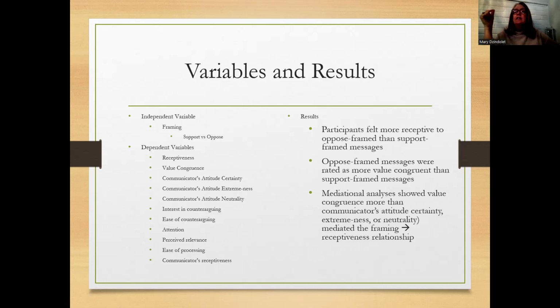So what study 4 found was that basically the reason why opposed frame messages work better when you're talking with a disagreeing other is because the opposed frame message feels more value congruent to the receiver. And the value congruence is what leads to the receptiveness.